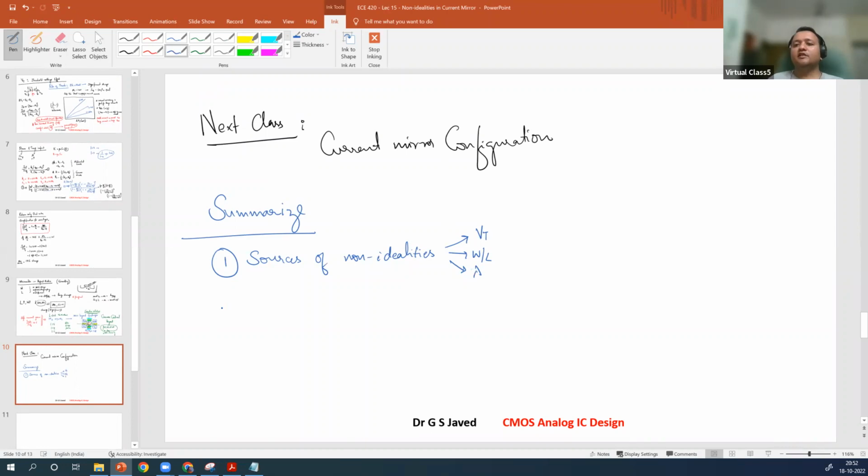Right. Second, you saw how to use cascode to solve this problem. So the way to do it is put a cascode and then put a diode structure, and a structure like this. So you will introduce a cascode device here.